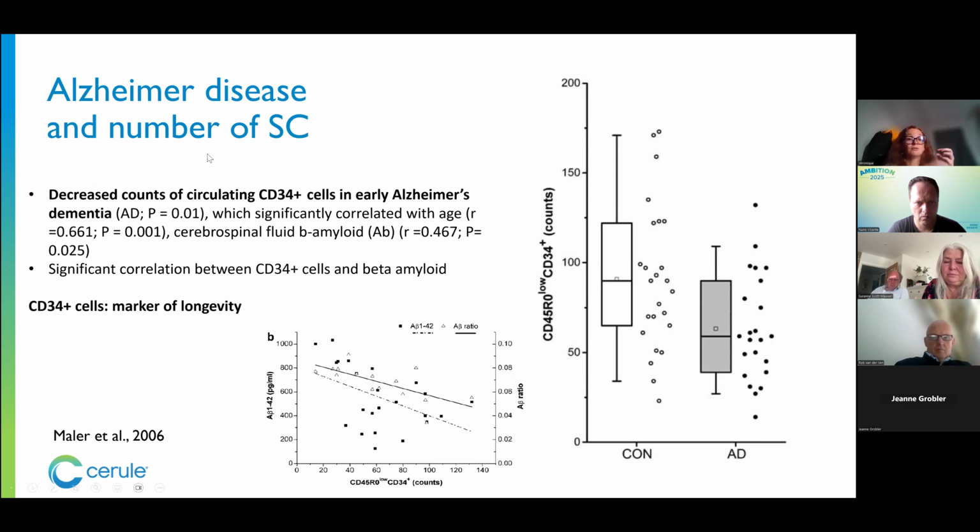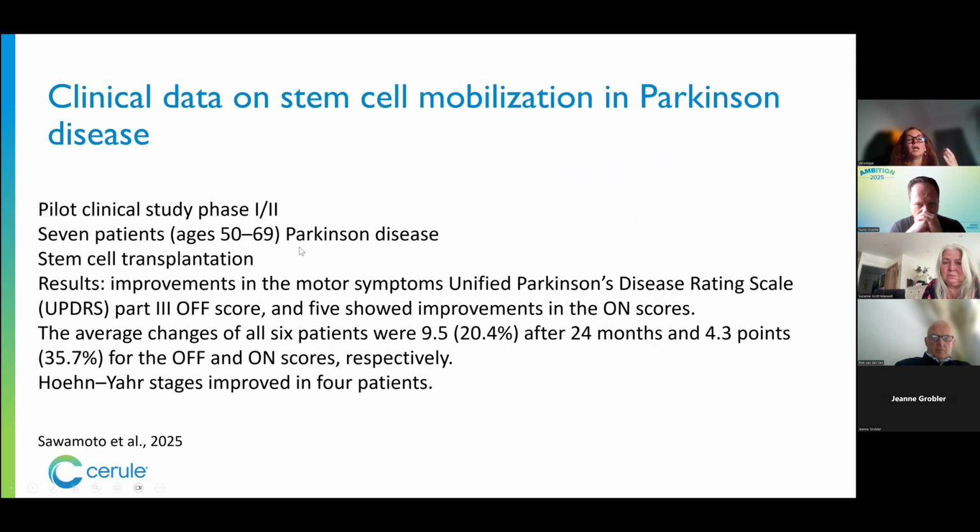It's significantly correlated with age, and there is also a significant correlation between the number of circulating stem cells and the beta amyloid. So that's the first really interesting finding: a decreased count of stem cells in circulation in early Alzheimer dementia, linked to, as we said, an impaired capacity of repair and regeneration.